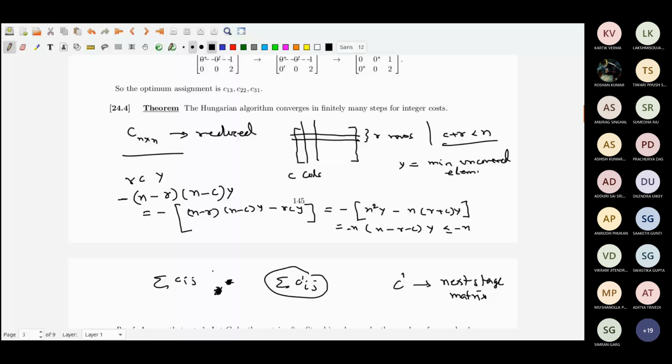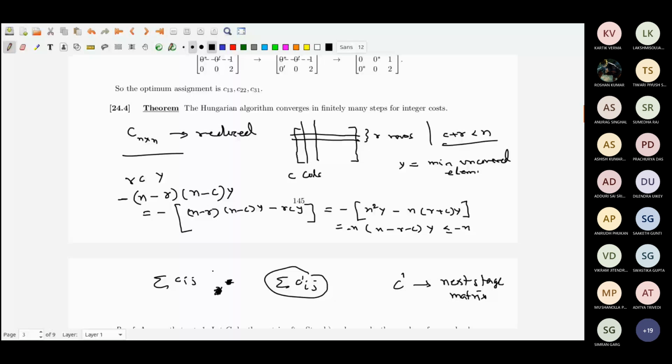So that means every time you apply that Hungarian algorithm step, that means find the minimum uncovered element, subtract y and add y to the intersections, every time you do that, you are decreasing the total sum of entries in C by at least n.